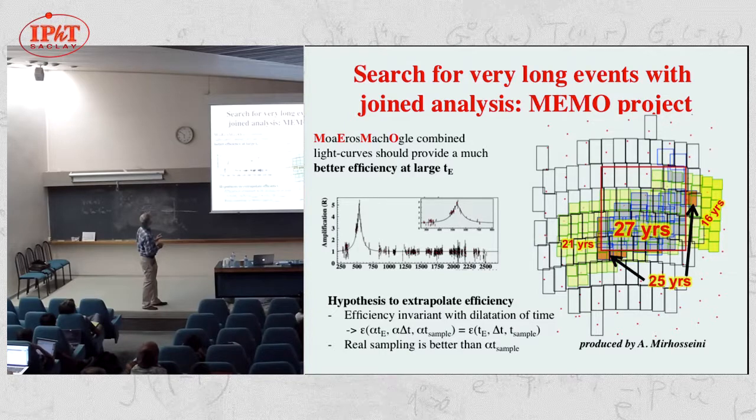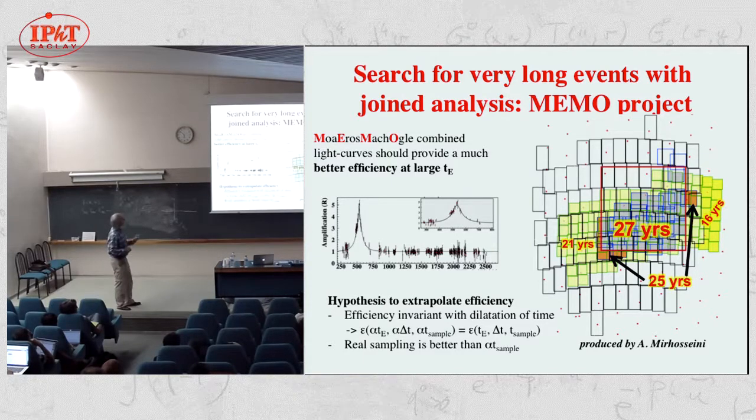I call this MEMO, MOA-EROS-MACHO-OGLE. It's a combination of all the surveys, to have a much better efficiency for searching for large duration events.